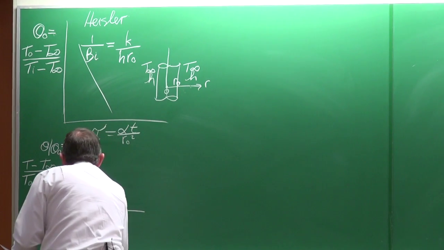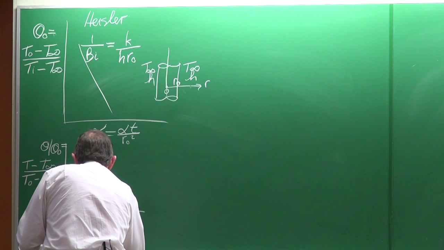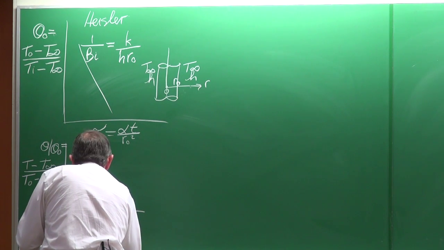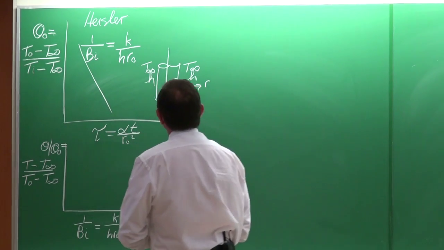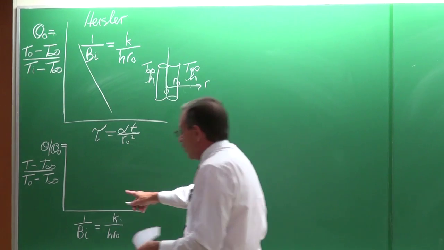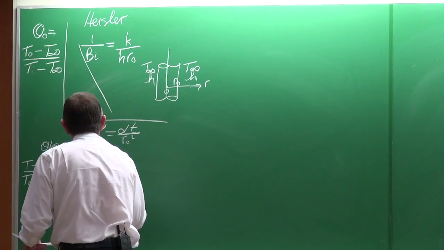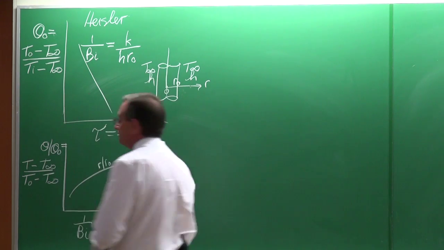And on this axis now we have 1 divided by the Biot number, which is equal to k divided by h R0, something like that. Okay. But the lines now are lines for different values of r divided by R0.